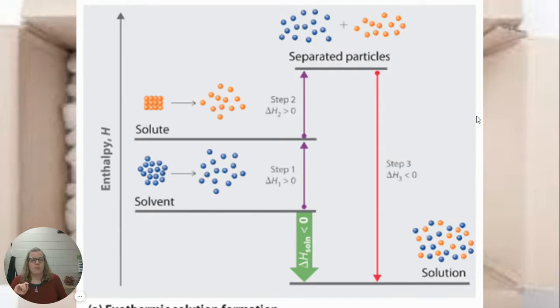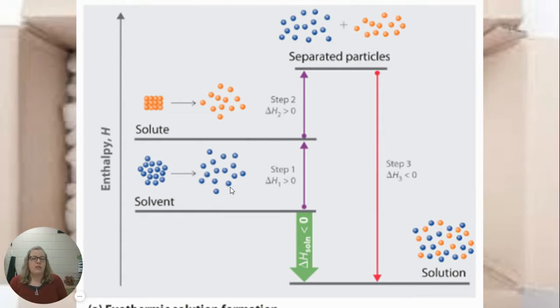Now, when we talk about something dissolving, there are actually three parts that go into this process. Like I said, we talked about this a little bit with intermolecular forces and lattice energy. When something dissolves, there are always two endothermic steps and one exothermic step. The two endothermic steps are this. When you put a solute into a solvent, the solvent itself needs to expand to make room to take the solute particles in.